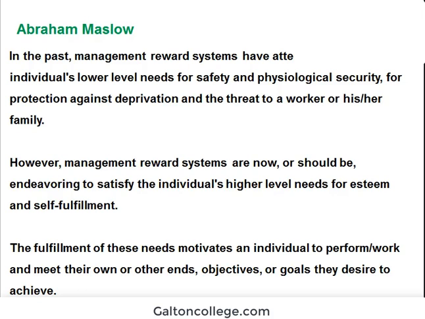The fulfillment of these needs motivates an individual to perform or work and meet their own objectives or goals they desire to achieve.